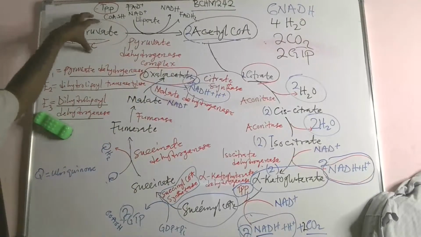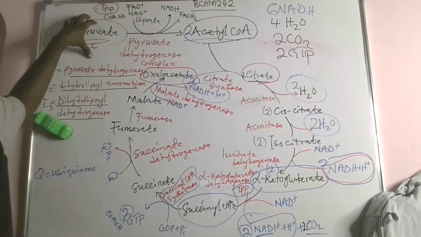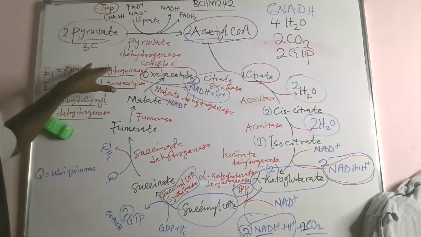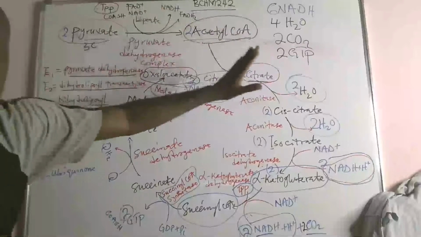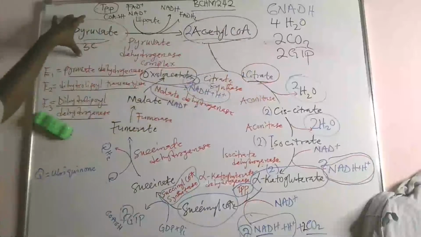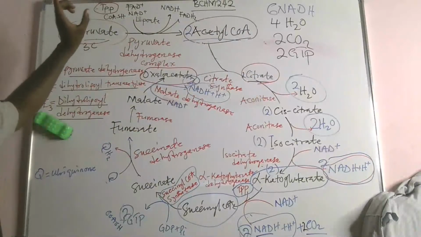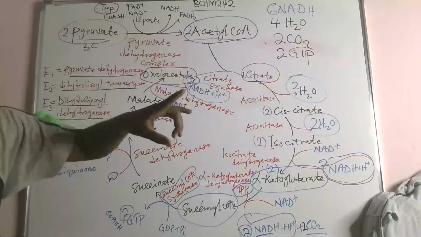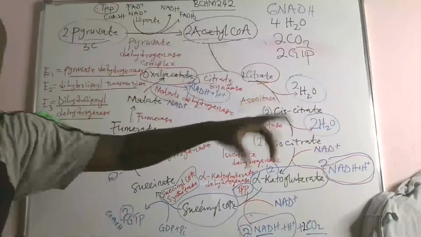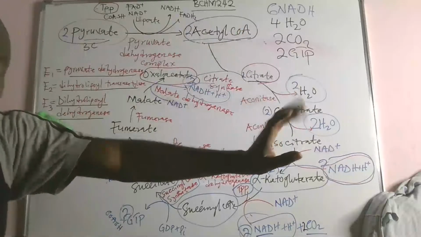So let me revise. At the end of glycolysis, two molecules of pyruvate are generated in the cytosol. And of course, Krebs cycle occurs in the mitochondrial matrix. So the pyruvate generated in the cytosol must be transported from the cytosol to the mitochondria using a transport system. I explained this last time.